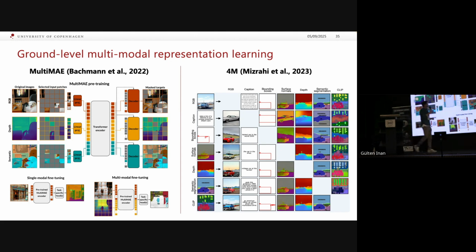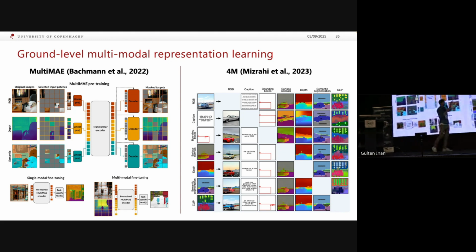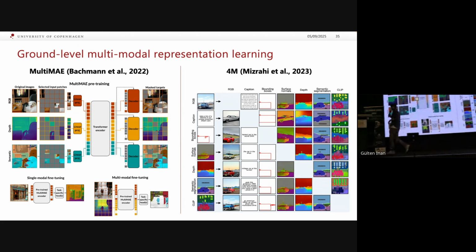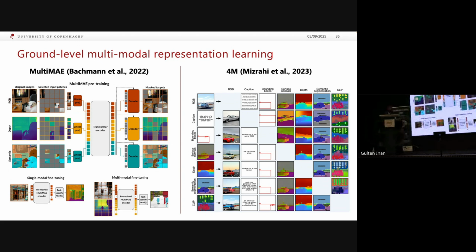So it's an any-to-any approach again. This model was also able to handle text and a bunch of different rastered domains. And the whole idea was that this model can predict any modality from any input modality. And yeah, one can do a lot of stuff with this kind of model.